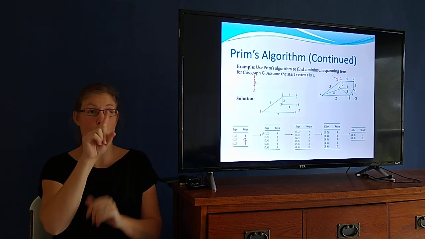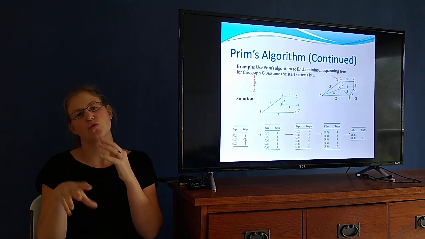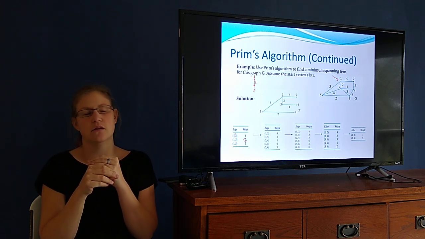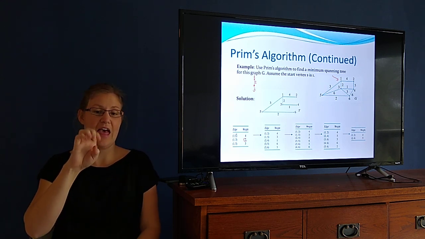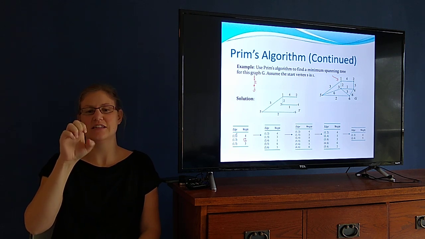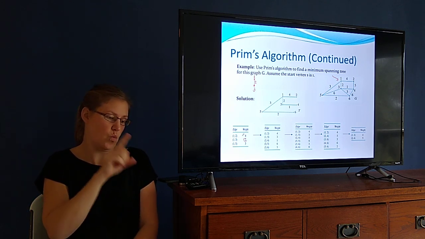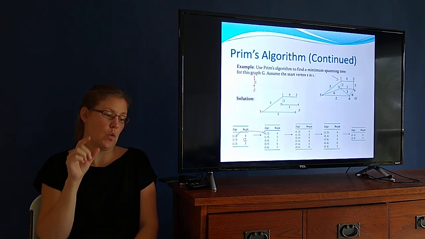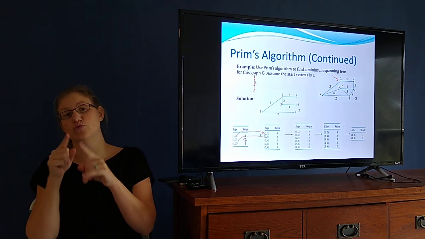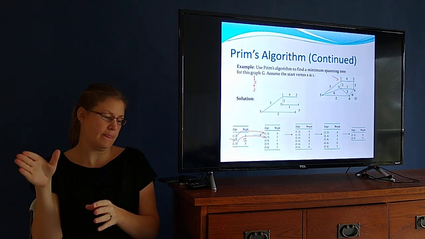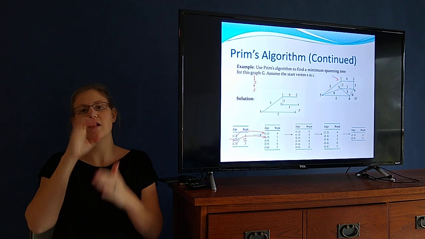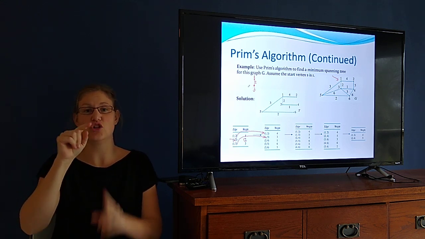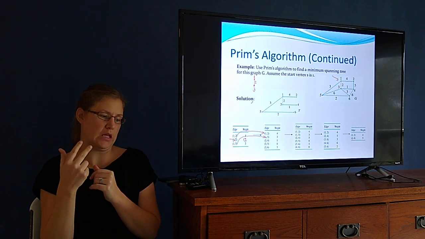In the next step, we need to add the edges that are incident to the previous node, which are 1 and 2 and 1 and 5. But in the next step, we also need to discover all the edges that are incident to 3, because we added 3 to our spanning tree.